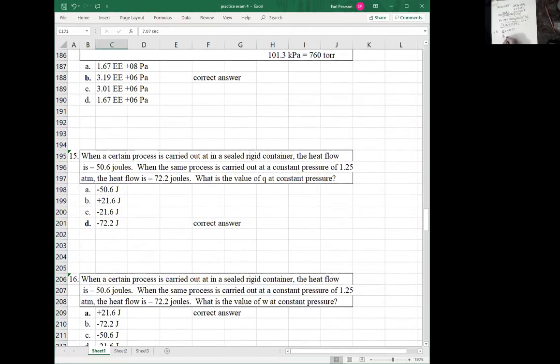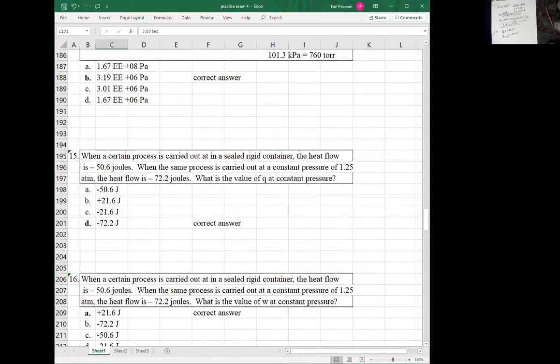When the process is carried out at constant pressure, 1.25 atmospheres, the heat flow is minus 72.2 joules. That's kind of an easy problem because the answer is given in the problem. It said what would be the value of Q at constant pressure. Well, it told you if you carried it out at constant pressure, it's 72.2 joules. So that's the answer.